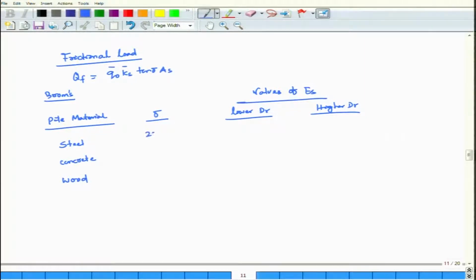Delta for steel is generally 20 degree, concrete is 3/4 phi, wood is 2/3 phi.